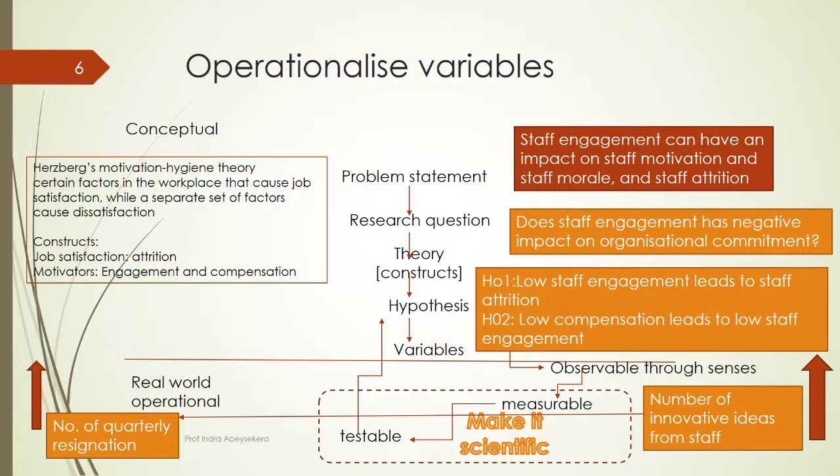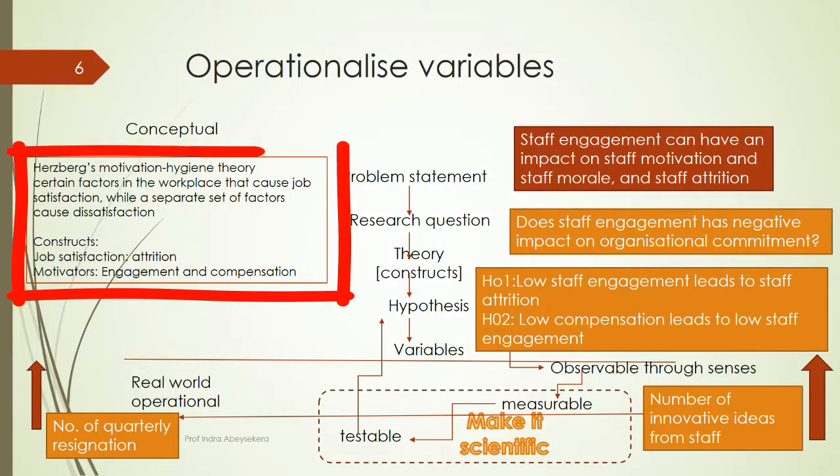We can ask the question: does staff engagement have a negative impact on organizational commitment? We can then look at a theory such as Herzberg's motivation-hygiene theory, which says that certain factors in the workplace cause job satisfaction, while a separate set of factors cause dissatisfaction.